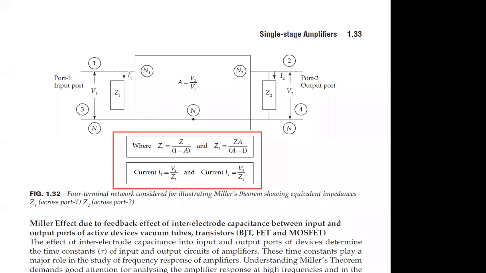We have seen the cascade amplifier. What is a cascade amplifier? A cascade amplifier is when CE and CE configurations are connected together, that is, two-stage RC coupled amplifiers are called cascade.